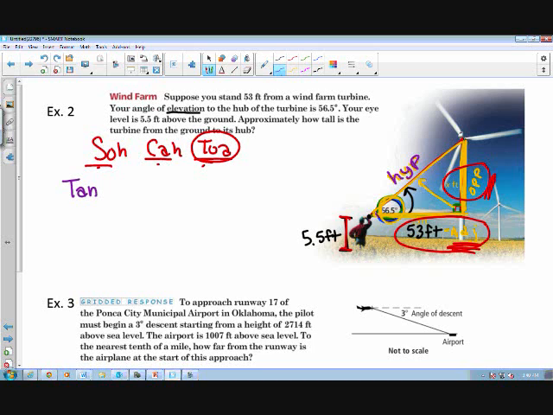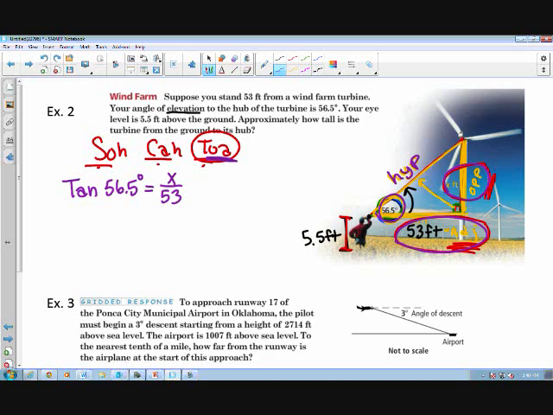The angle again is right here. 56.5 degrees equals the ratio of opposite divided by adjacent. That's what TOA tells us. Opposite was X. Adjacent was 53. So X over 53. Okay, so now we have to solve for X, because that will tell us approximately how tall the turbine is from the ground to its hub.